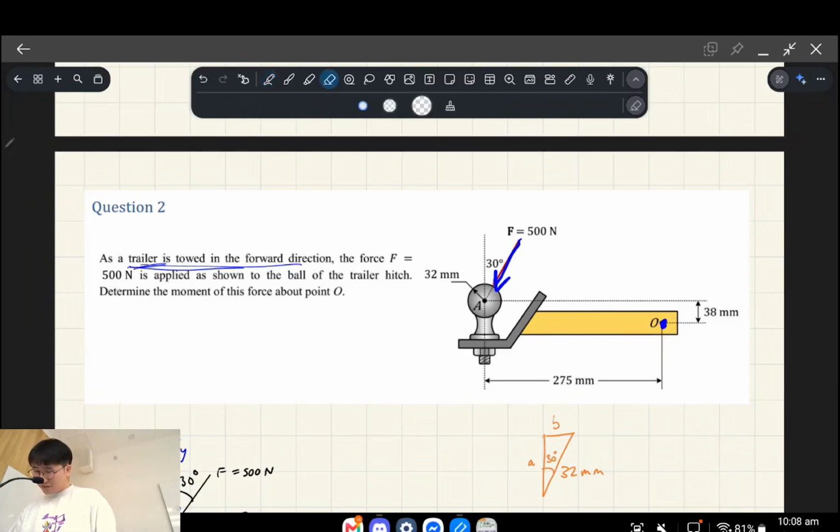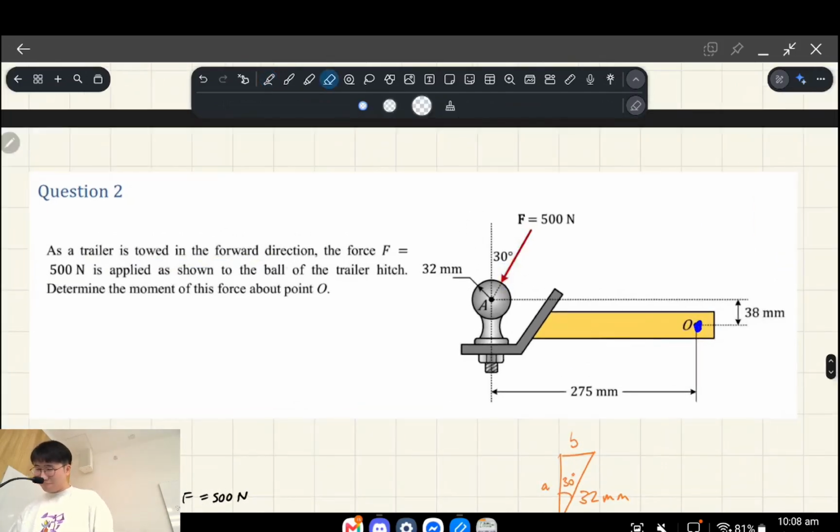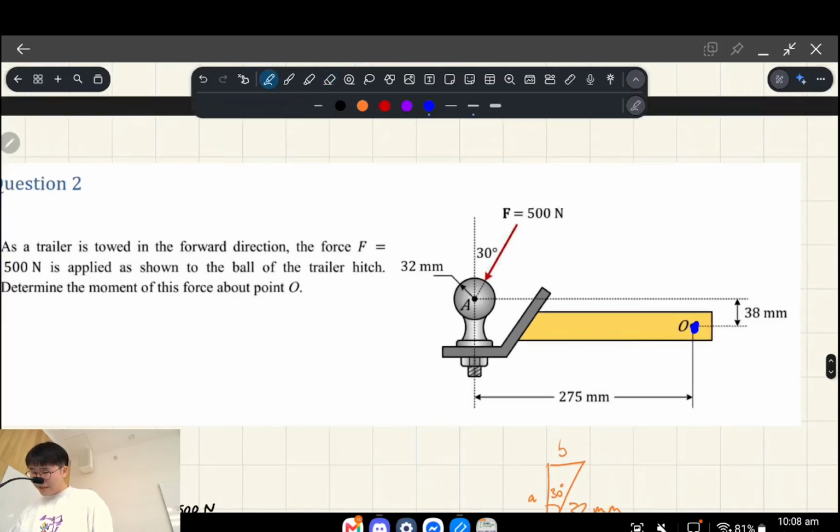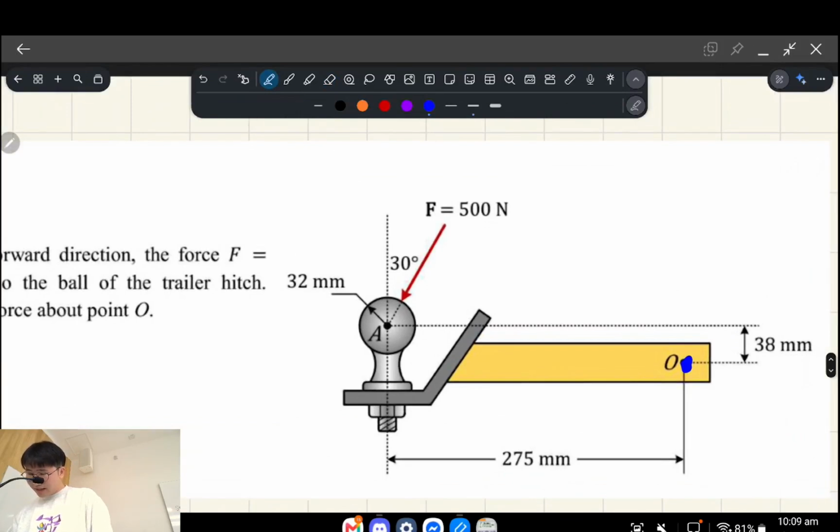The reason it was a bit confusing to me at first is that whether you apply the force where it touches the surface of the ball, or at the middle of the ball, which is what I originally thought the question was, does actually make a difference for moment equilibrium.